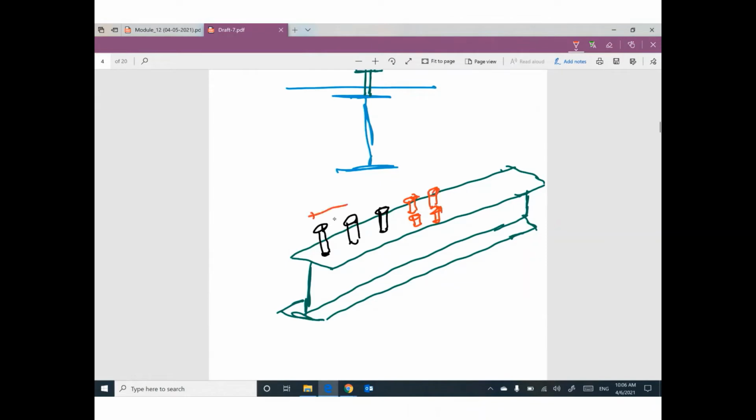And what is the spacing? How many? All of these questions we need to answer.